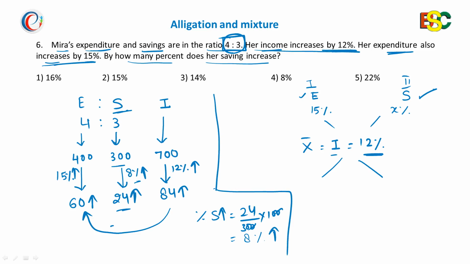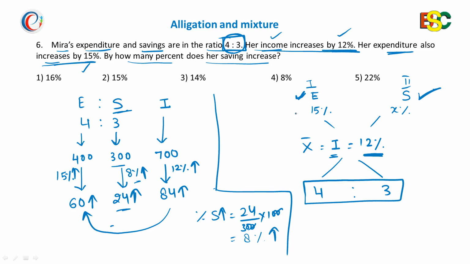Though individually they are increasing by different numerical values, as expenditure increases by 15%, income increases by 12%, and saving will also increase by some different numerical value, once the income increases by 12%, this 12% has to be distributed between her expenditure and saving in the ratio 4:3. So the ratio of weights here is 4:3.